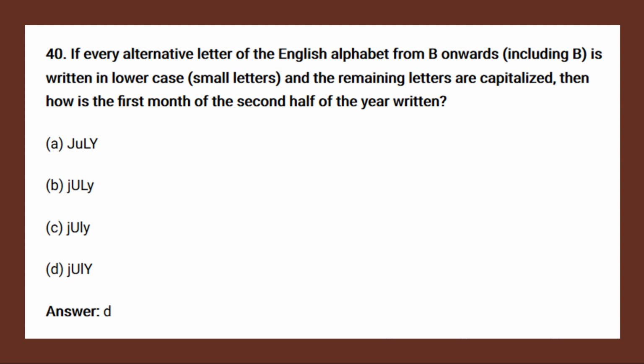Option A, B, C, D. You can take a look, because reading all the options will be only July, so you will have to see that. The answer is option D, small j, capital U, small l, capital Y.